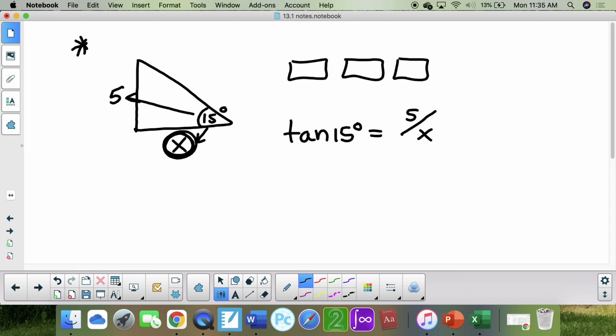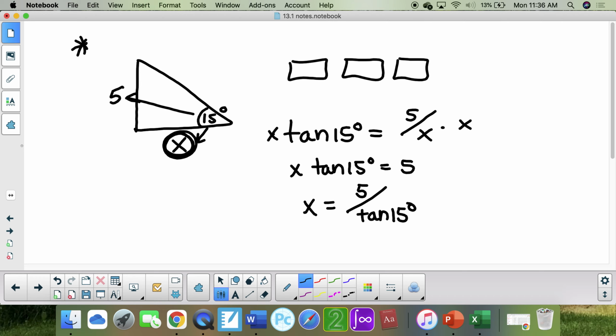See where the x is located? We need to multiply both sides by x in this problem. So now we have x tangent of 15 equals 5. So I had to get x out of the denominator by multiplying by x. So x is going to equal 5 divided by the tangent of 15. So why don't you plug in 5 divided by the tangent of 15 in there? And it's 18.7 is the side that we're looking for.